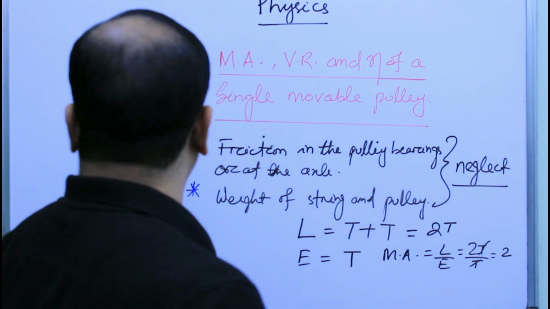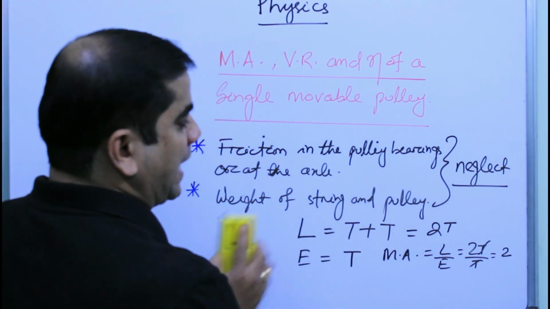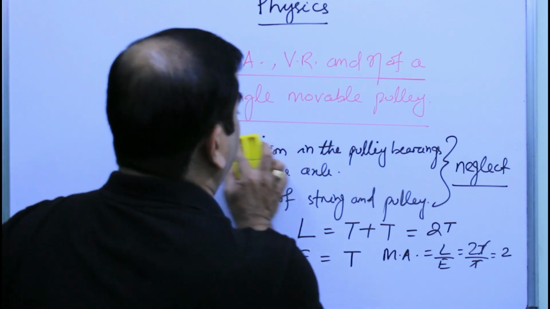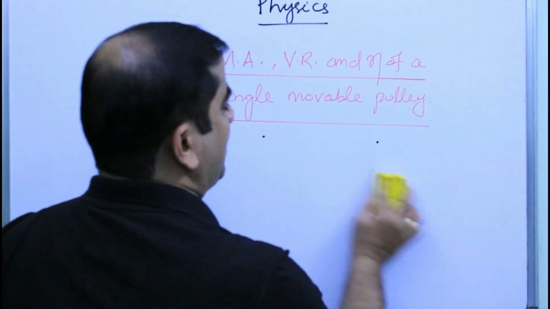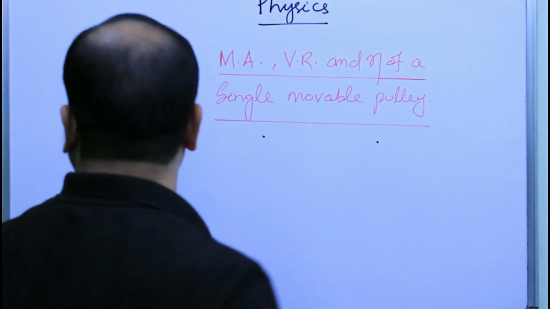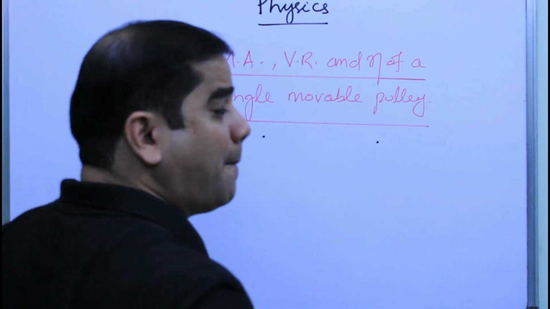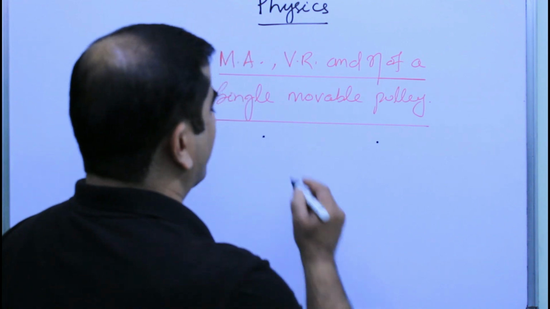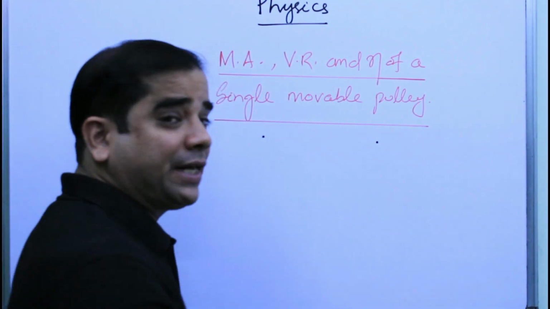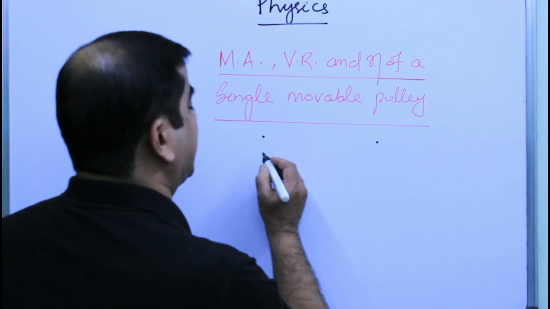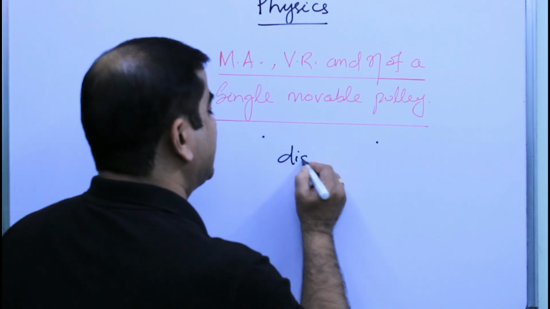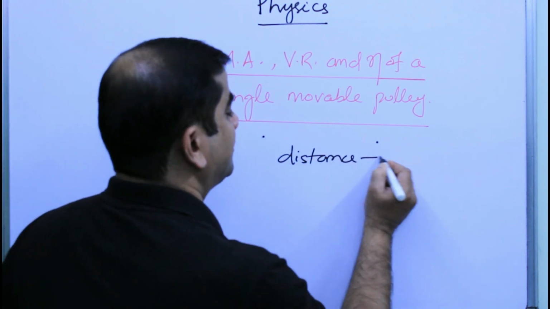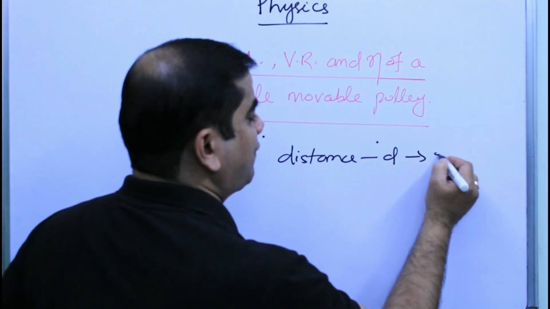So what is happening with the velocity ratio? This is when the pulley is in balanced condition. Now if we put some kind of effort, there would be displacement of the string. So what is happening over here? If the effort is put on the free end of the string and it moves a distance d, okay, this is because of effort.